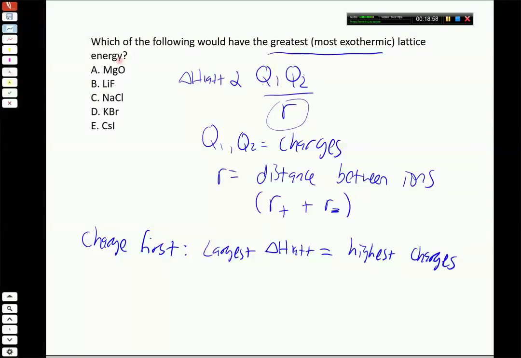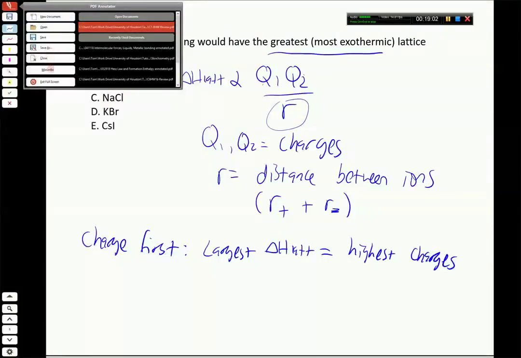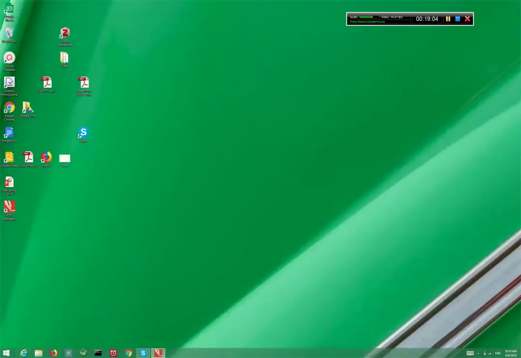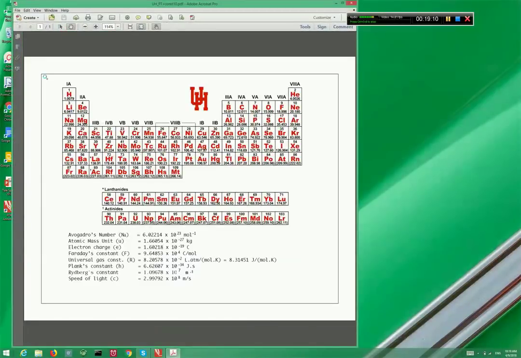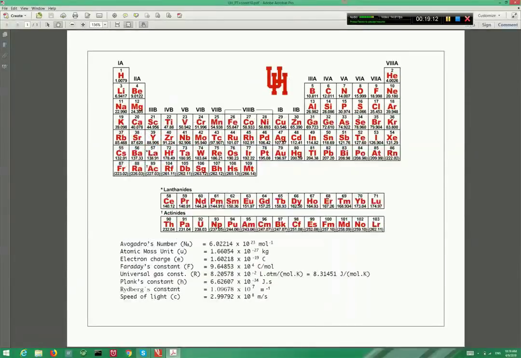Looking at these ones here, we have to go to the periodic table to figure out where these are. Magnesium oxide, we have to figure out what the charges of the ions are there. Magnesium here is in the second column, so it's going to be a +2 cation. Oxygen is in group 6, which is going to be a -2 anion.